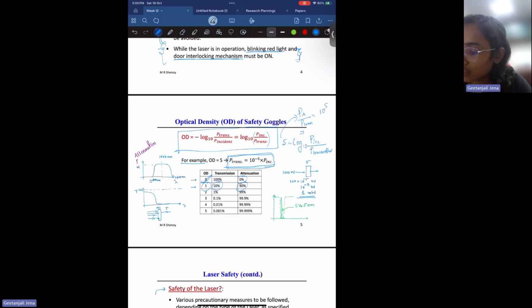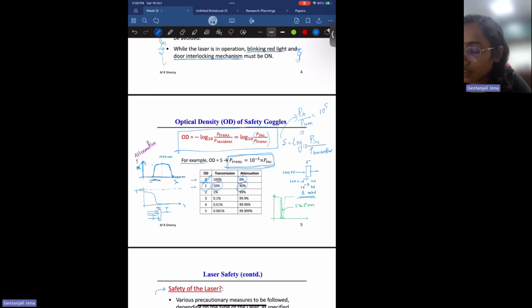This is clearly shown in this figure. This is the plot between lambda and the attenuation. Let us say the goggles are operating around the wavelength 1064 nanometer.